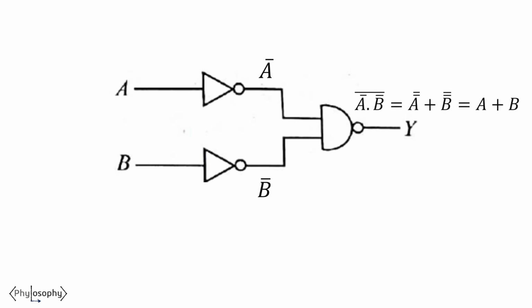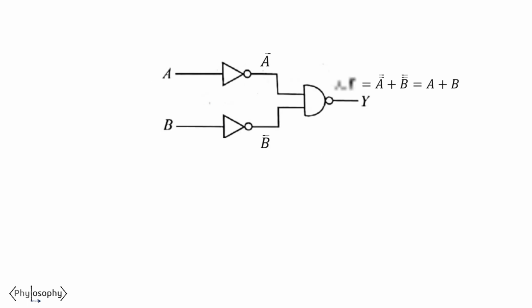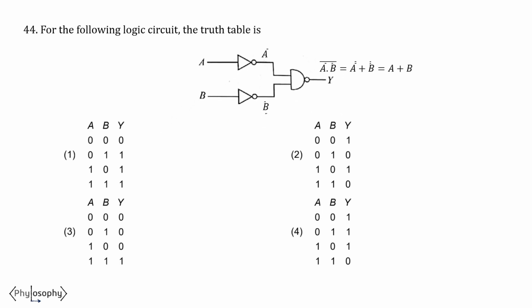So the output will be (A bar times B bar) whole bar, which is equal to A bar bar plus B bar bar, and we know that A double bar is equal to A and B double bar equals B. Therefore the output is A plus B, which represents an OR gate. Therefore the correct answer will be option 1.